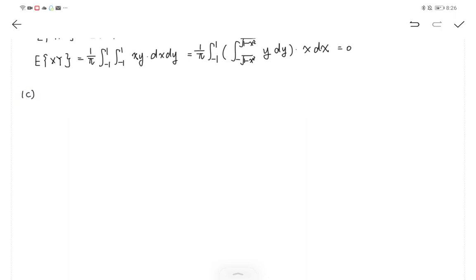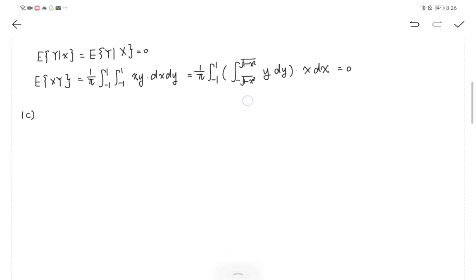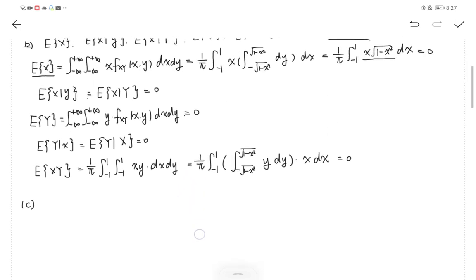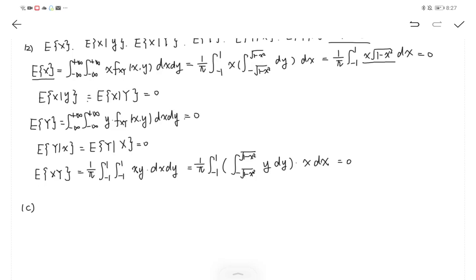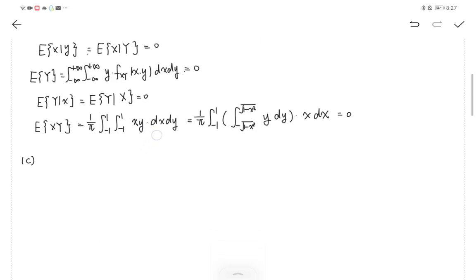And for question C, prove or disprove x, y are uncorrelated. From question 2, we see that E[XY] equals E[X] equals E[Y] equals 0.